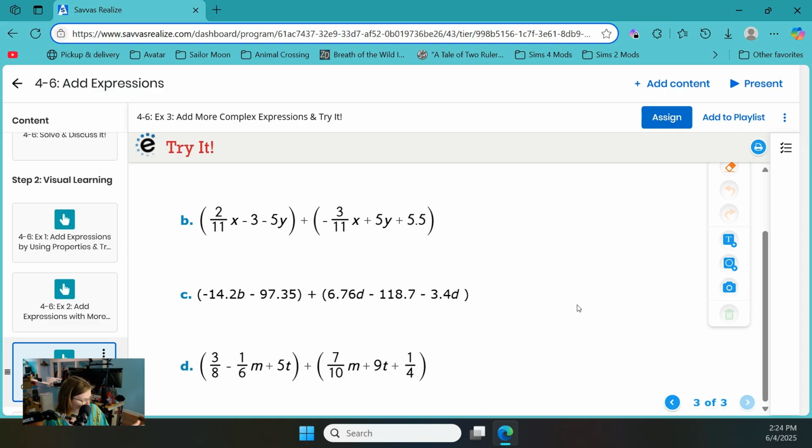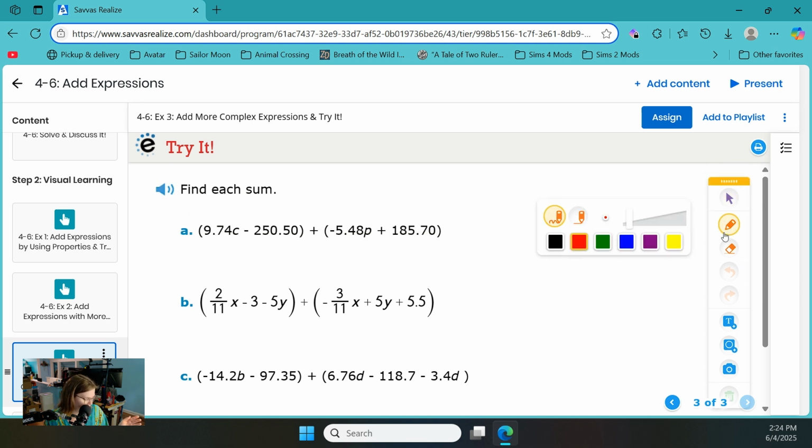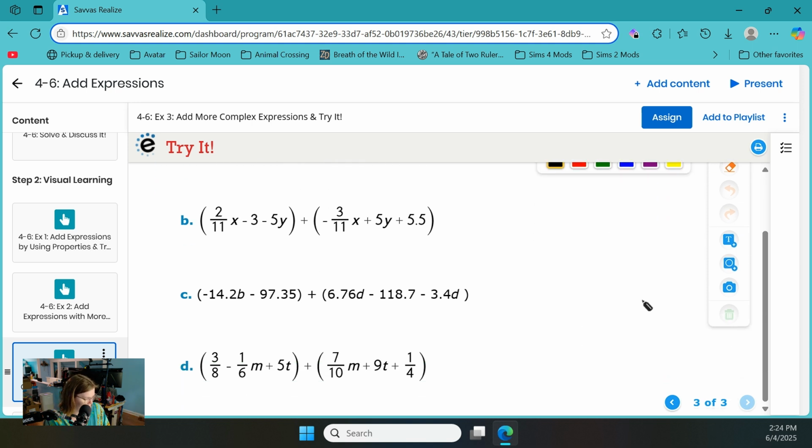So I'm going to look at my first parentheses, and I'm going to write it in standard form. So negative 1/6 m plus 5t plus 3/8. Then underneath that, I'm going to write my other expression also in standard form.